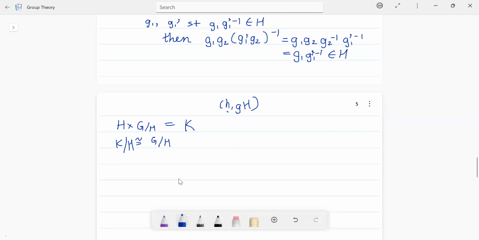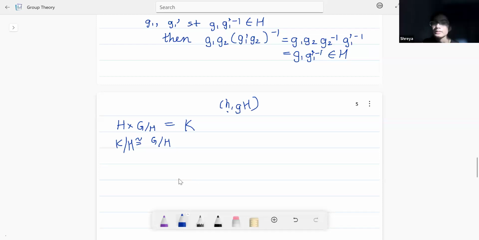For finite groups, okay, so you have H and you have G by H. Maybe it's just all things isomorphic. I'm not sure about that either.